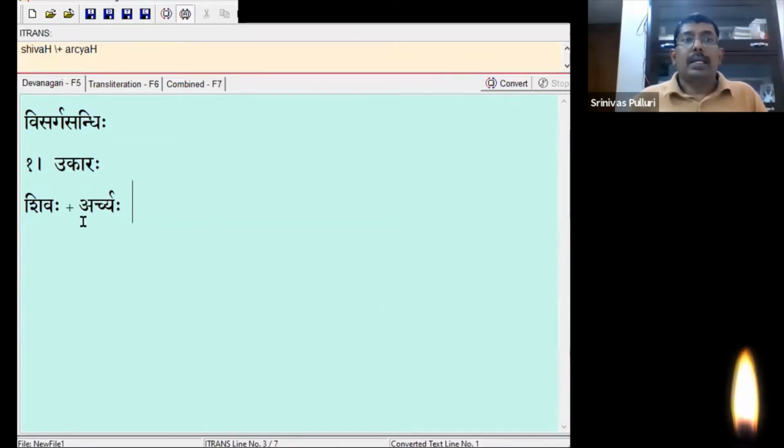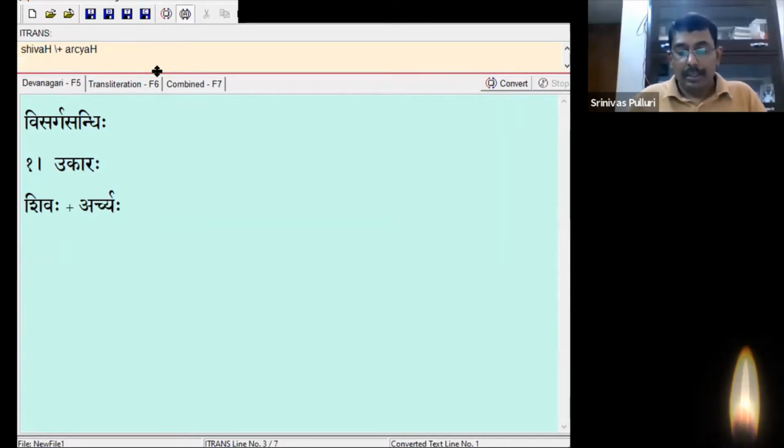Number 1, this visarga is supposed to be preceded by a. Yes, in Shivaḥ the visarga is preceded by a. Then it should be followed by either a or hash. Now here a is there. That means the rule is perfectly applied. So when the rule is applied, the visarga will be converted into ukāraḥ.